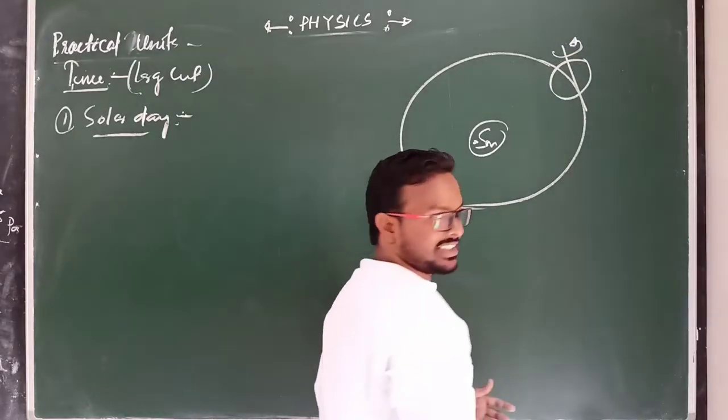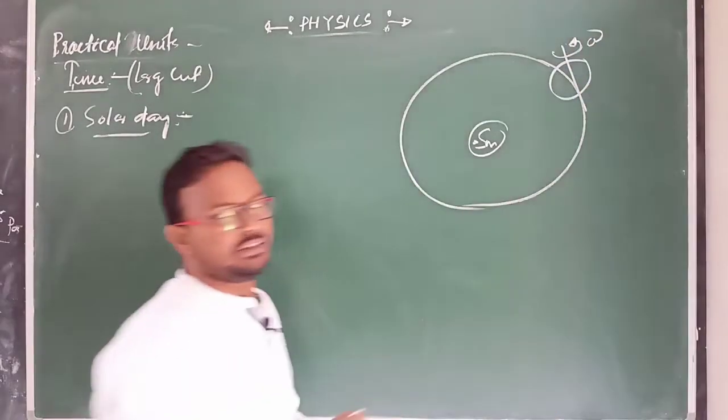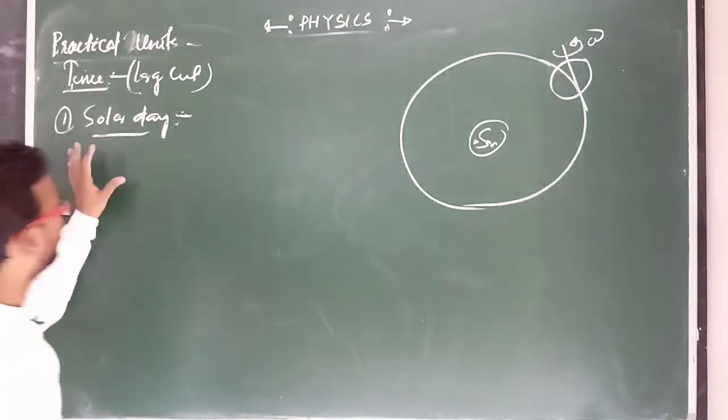The earth rotates about its axis with a certain angular velocity omega, which we will discuss later. And what is a solar day?